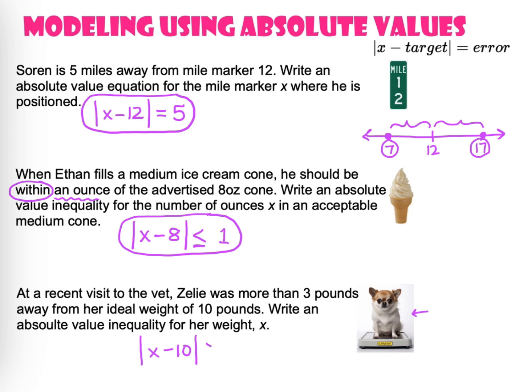So more than 3 pounds away from her ideal weight. The distance from 10 pounds is more than 3. We can guess that the solution to that would be either she's weighing less than 7 or greater than 13. That would be the solution to that inequality. But really, I just want you to set up, for the most part, those models.